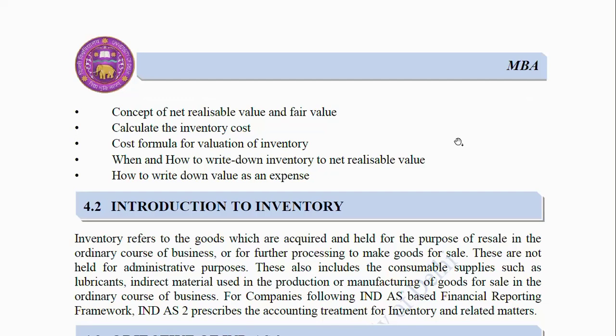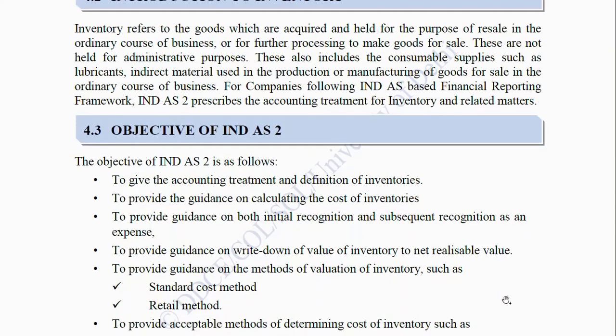These also include the consumable supplies such as lubricants, indirect material used in the production or manufacturing of goods for sale in the ordinary course of business. For companies following Ind AS based financial reporting framework, Ind AS prescribes the accounting treatment for inventory and related matters.